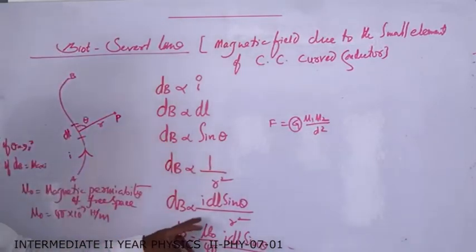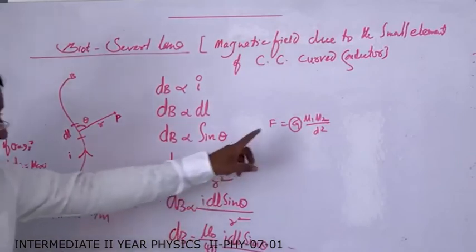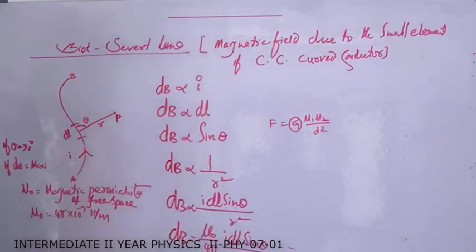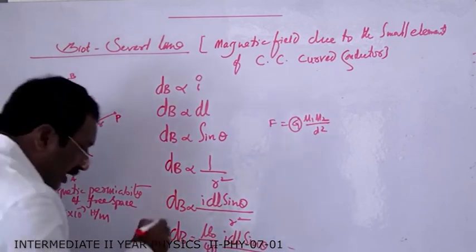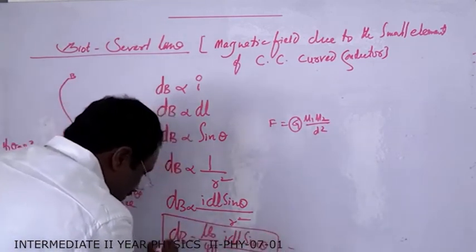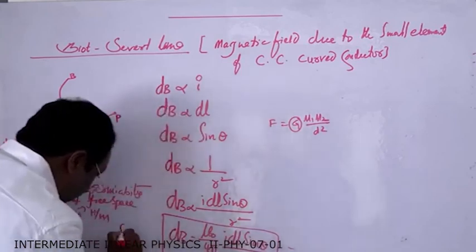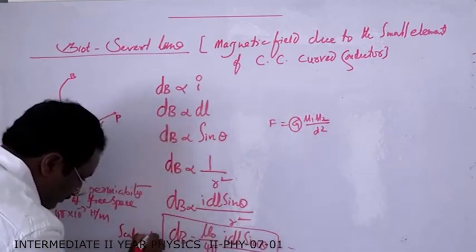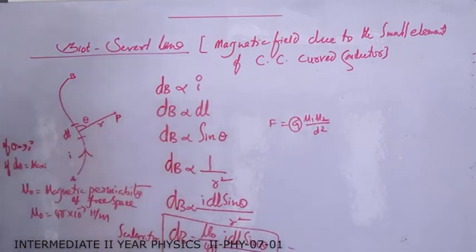It depends upon the nature of the medium. So dB equals mu naught by 4 pi, I dl sin theta by r square. This is called the Biot-Savart law, scalar form, for the magnetic induction due to a curved conductor.